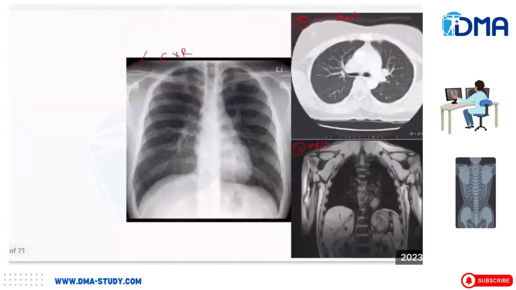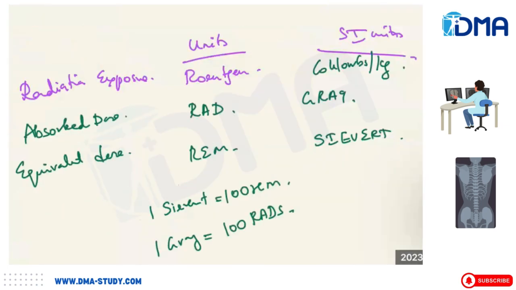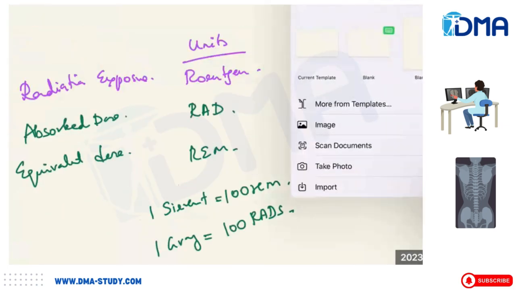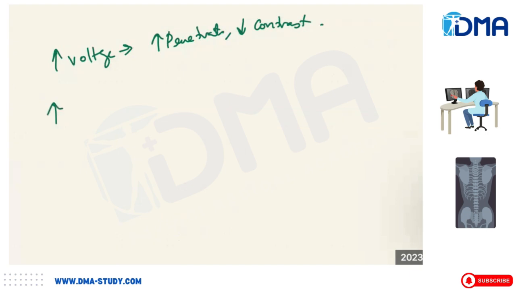Then, whenever we increase the voltage of the current which is passing through, that will increase the penetration and decrease the contrast. Whenever we increase the amplitude, the amplitude will be in milliampere per second, right?